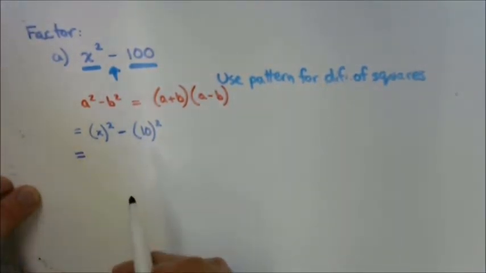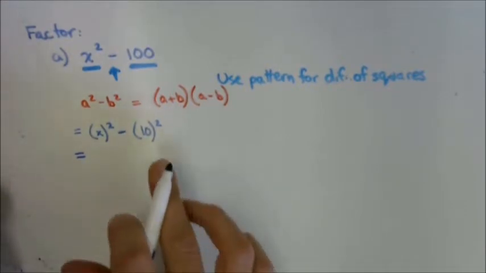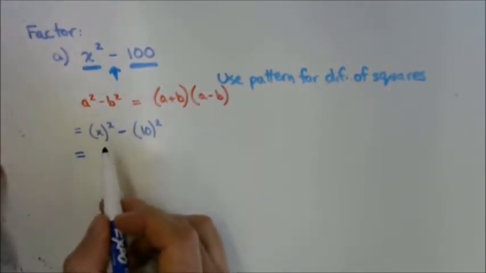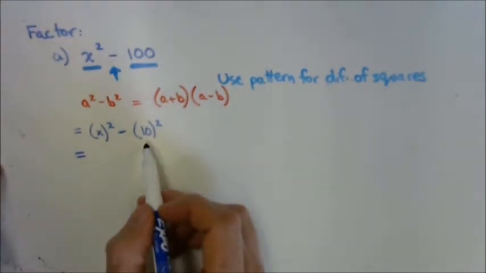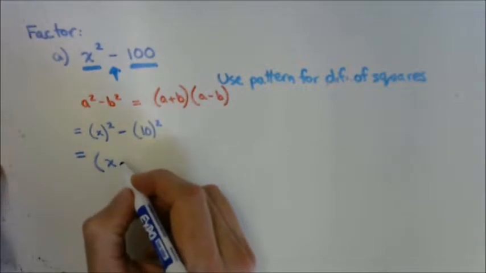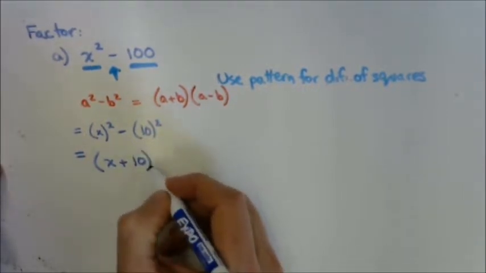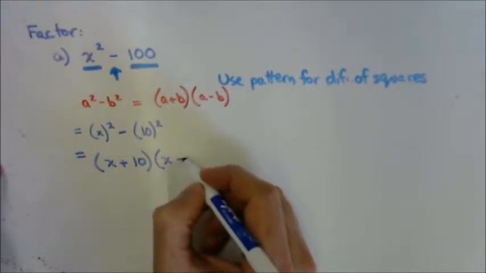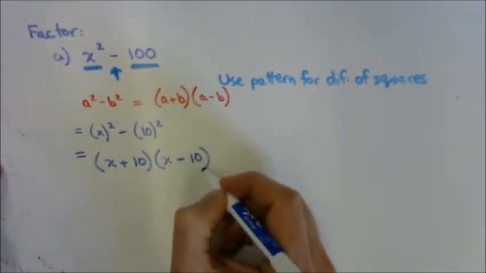And now all I need to do is apply my pattern. What is a in this case? x. What is b? 10. So instead of a, I plug in x. Instead of b, I plug in 10. Same thing in the next binomial. Instead of a, I plug in x. Instead of b, I plug in 10.